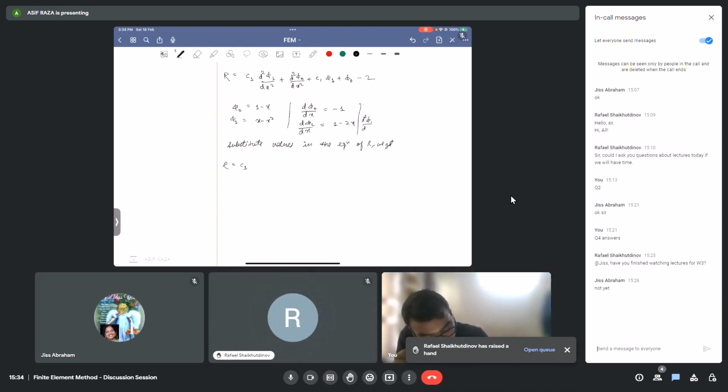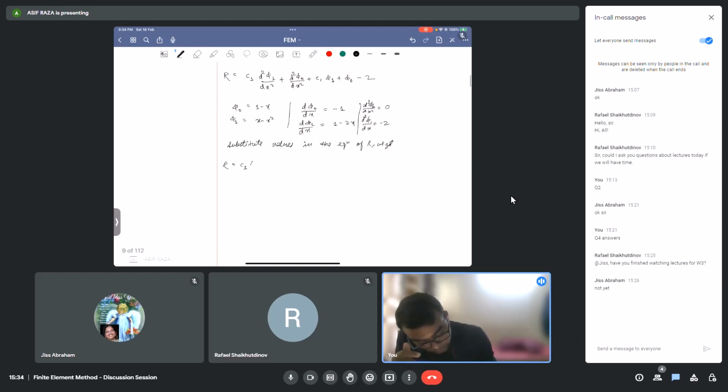So d square phi 1 by dx square will be minus 2 and d square phi naught by dx square is 0. So when substituted, this will be minus 2 c1 plus 0 plus c1 times phi 1, which is x minus x square, plus phi naught, which is 1 minus x, minus 2 equal to R. This will be minus 2 c1 plus c1x minus c1x square plus 1 minus x minus 2.